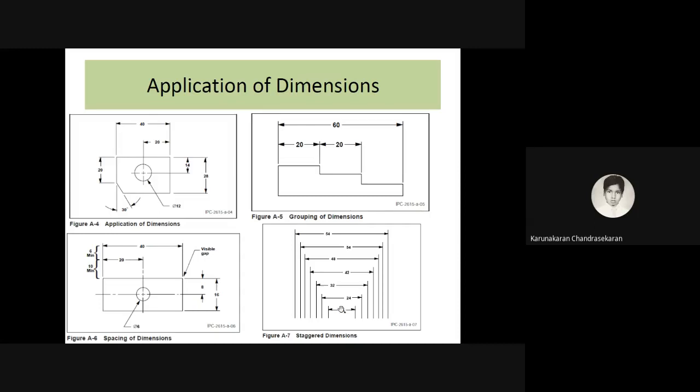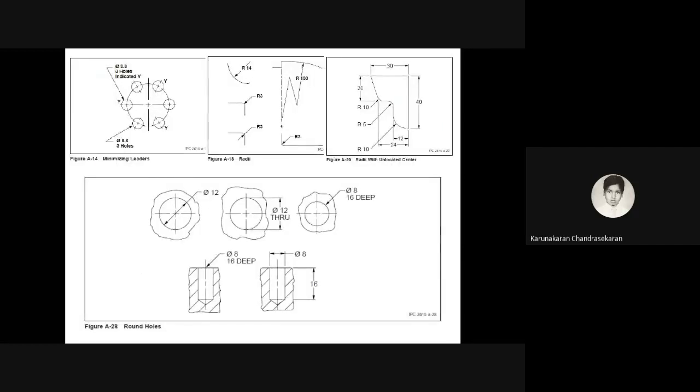So 14 is there, and then the second offset is given, a right offset, left offset, and so on. So easily we can find out which dimension belongs to which particular hole. This avoids oversight issues. Even for a simple dimension, IPC 2615 gives this much accurate regulation. So this is how we increase the ease of understanding of the drawings.